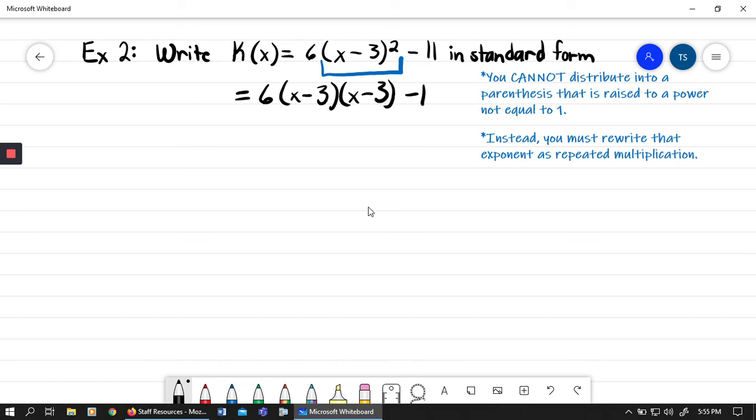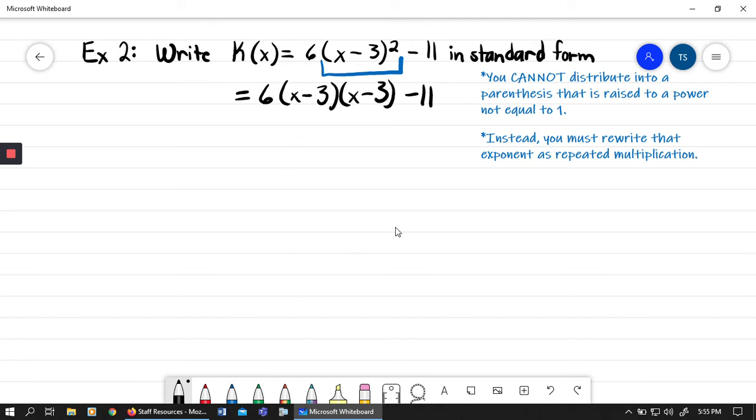So that handles that part. And now, if you choose to, you can distribute the 6 into one set of this parentheses.